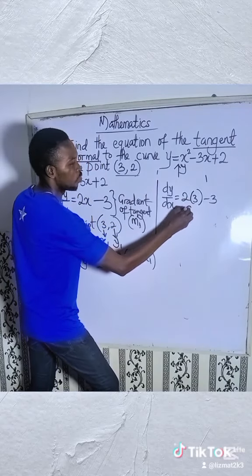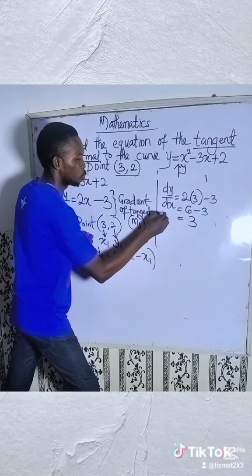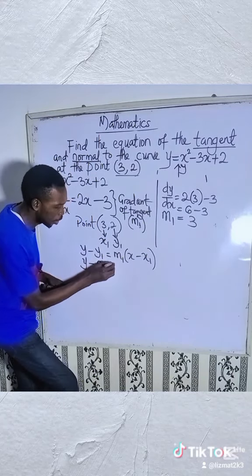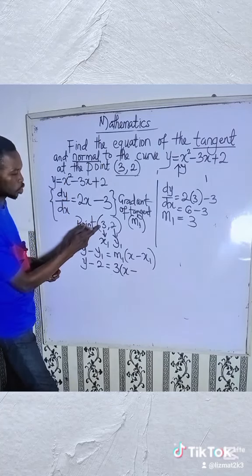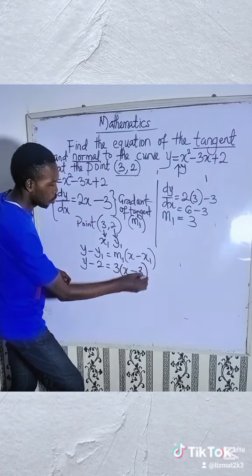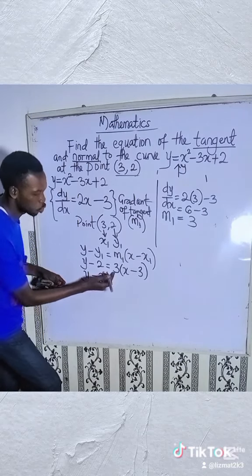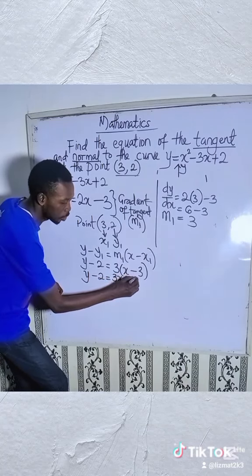So 2 times 3 will give me 6 minus 3. 6 minus 3 is what? 3. It means that the gradient of the tangent is 3. So instead of me to write m1 here, I'll change it to what? 3 into x minus. So what is x1? That's what? 3. Right, so I'll solve it. It becomes y minus 2 equals to, remove the bracket, 3 times x, 3x minus 3 times 3, that is 9.